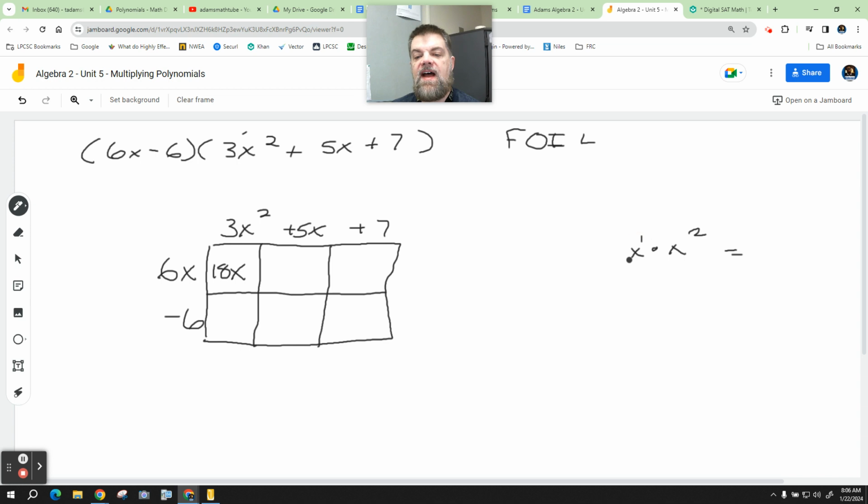Well, remember that x to the first power times x squared should be, well, let's think about it like this. This is x times x squared. Isn't x squared the same as x times x? So then how many times am I multiplying x by itself? 3 times, right? So that becomes x to the third power.